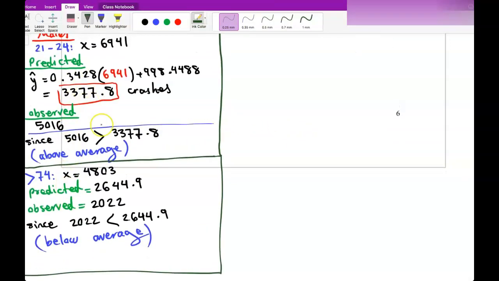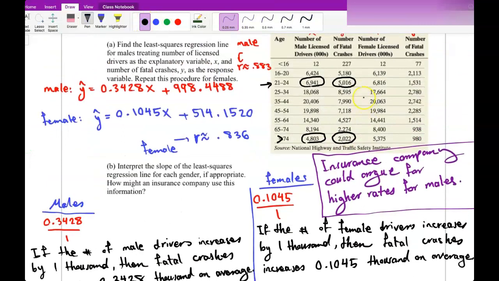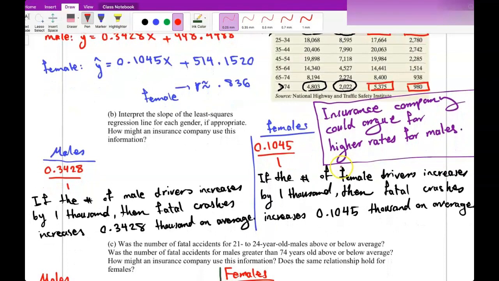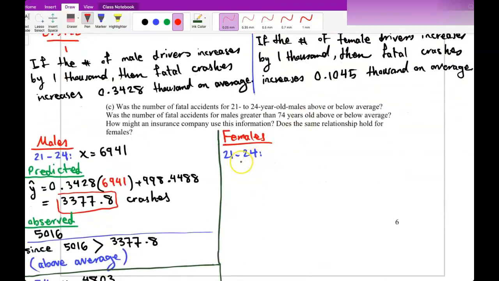So these two were for male, now female. Again, age group is 21 to 24, and this part is for greater than 74. So X is 6,816.